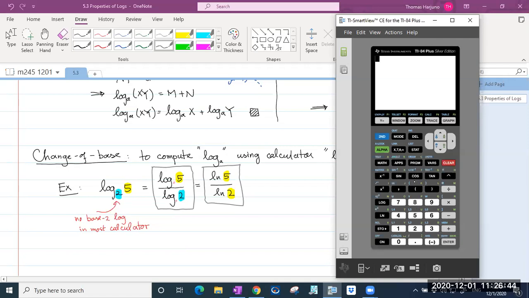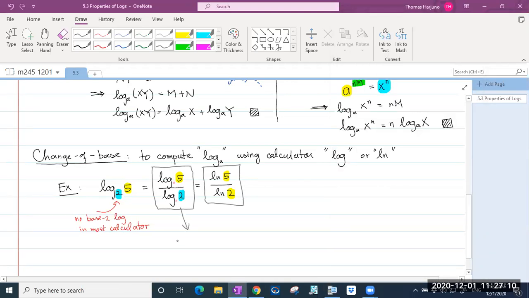So let's see. Log 5, close parenthesis, divided by log 2, close parenthesis. This is base 10, right? Enter. That gives me 2.32193.